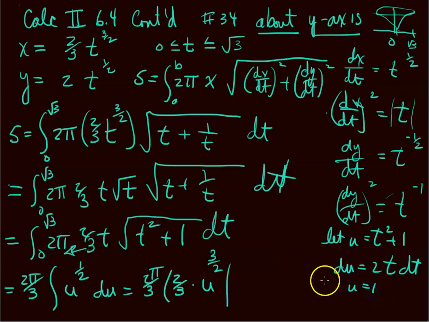If t is equal to the square root of 3, then u is equal to the square root of 3 squared, which is 3, plus 1, or 4. So this is going to go from 1 to 4.